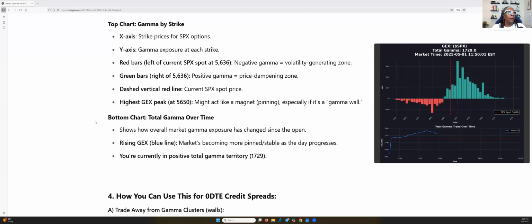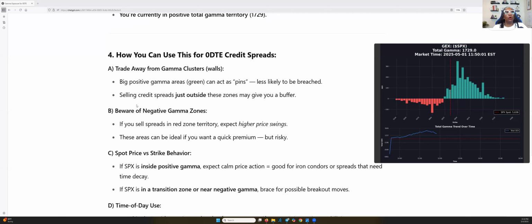How can you use this for zero DTE credit spreads? You can trade away from the walls. Big positive gamma areas of green can act as pins, so they're less likely to be breached. Selling credit spreads just outside these zones may give you a buffer.